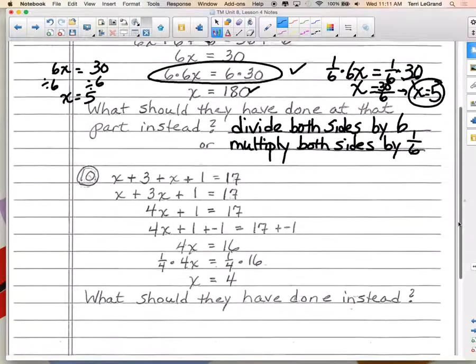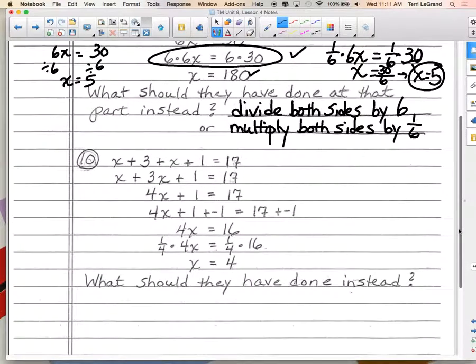Okay, so let's move on to one more of these and see if we can find the mistake. Here's our original right here, okay? Original equation.